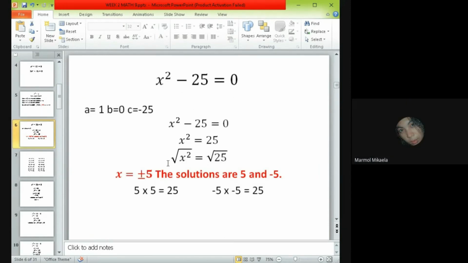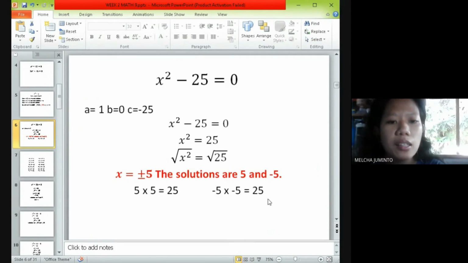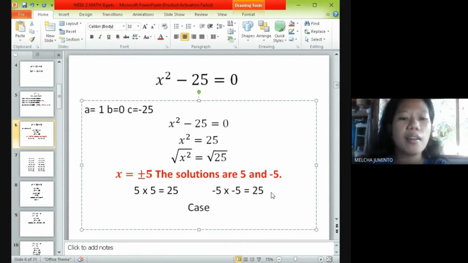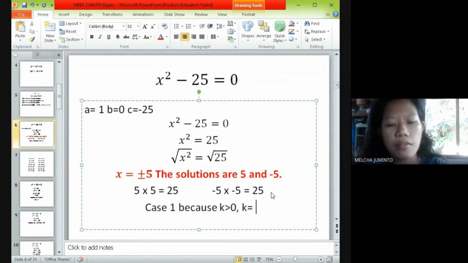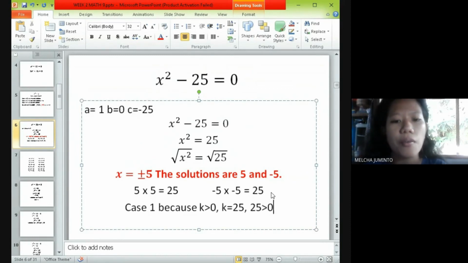Okay. This particular example is an example of case number 1 because k is greater than 0. K here is equal to 25. Diba 25 is greater than 0. Since 25 is greater than 0, it will fall in case 1.